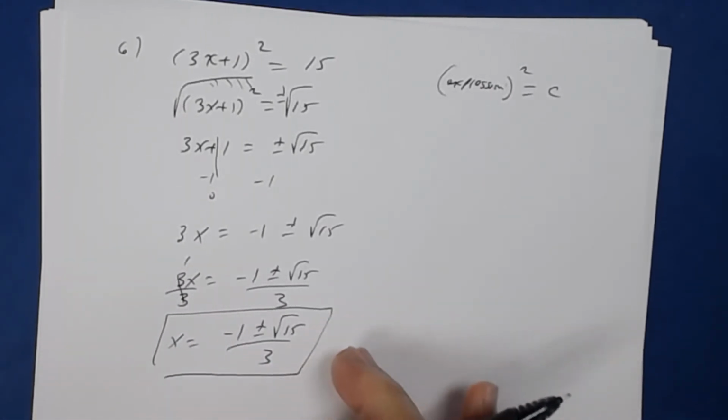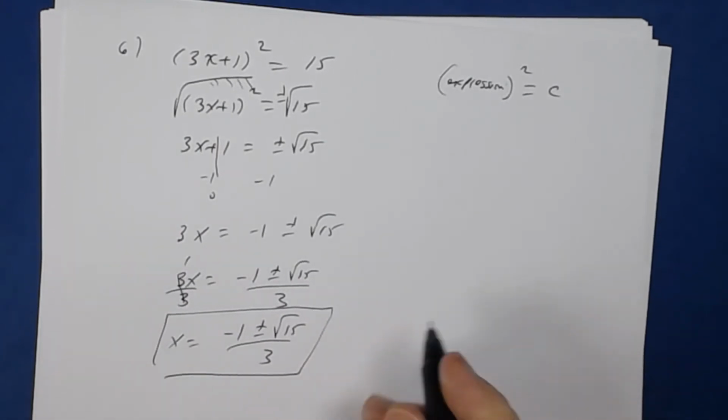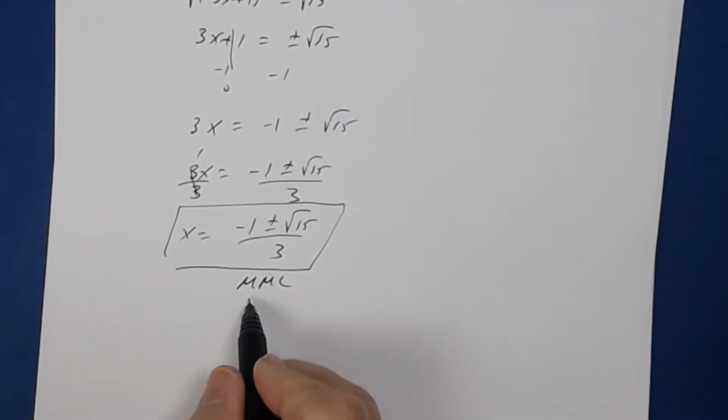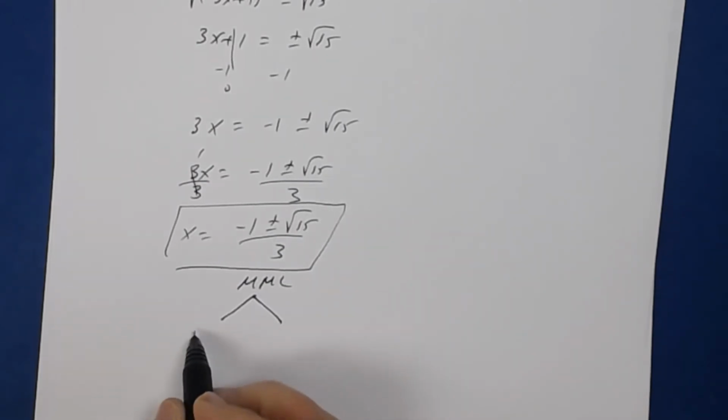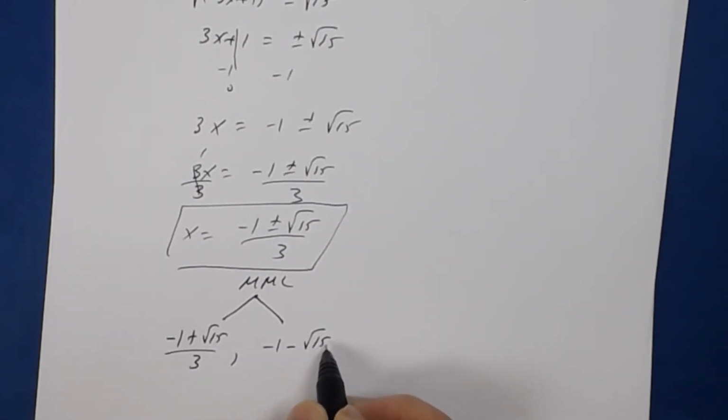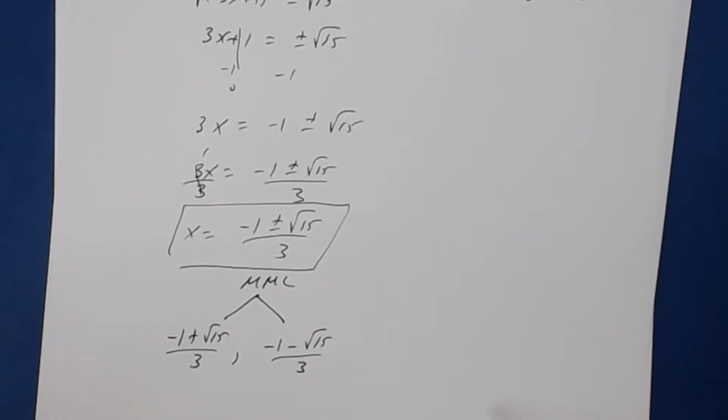Now let me remind you about some different ways of writing this. So on my math lab, you're going to have to write it as this. So you're going to say negative 1 plus the square root of 15 over 3, comma, negative 1 minus the square root of 15 over 3. Okay?